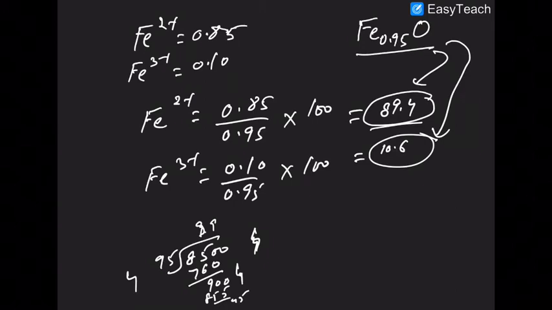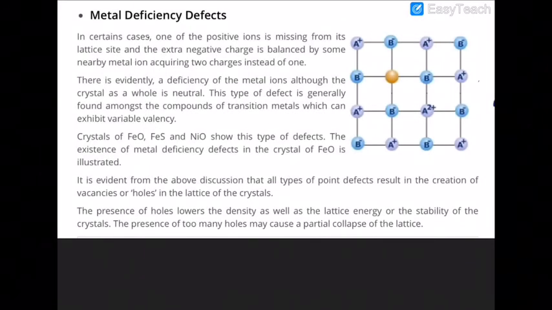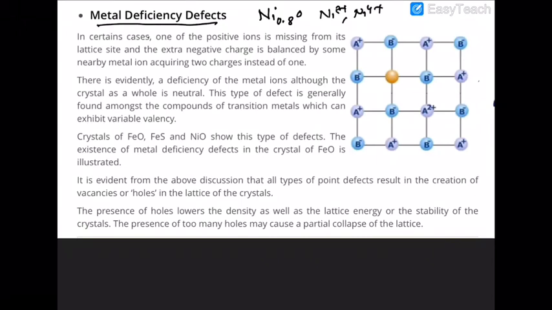So remember that in every non-stoichiometric compound, elements with different oxidation states are occurring. Now, metal deficiency defect, which we have just heard about, will happen in what? Let us suppose nickel is there, 0.80, it means nickel in +2 state and nickel in +4 state exist.